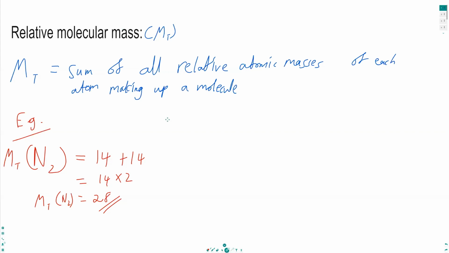So you can't do the relative molecular mass for that. Relative formula mass is specifically for giant structures, and molecular mass is simply for simple molecules such as N2, H2, O2, CO2, H2O.